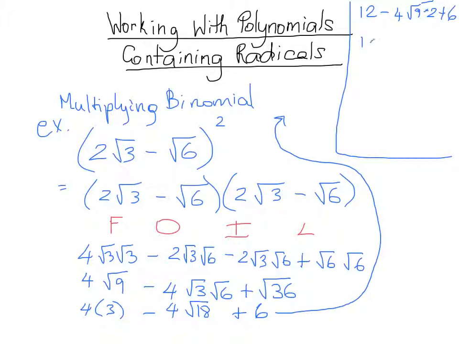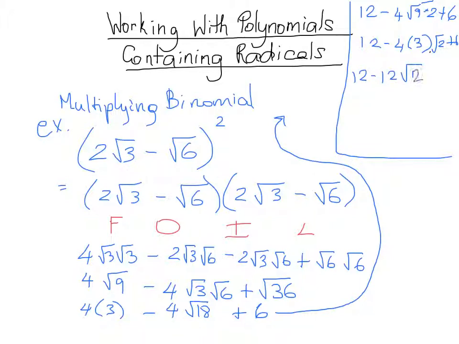Alright, so we have 12 minus 4 times 3. And I'm getting that 3 from here. Square root of 9 is 3 times root 2 plus 6. Alright, which is equal to 12 minus 12 root 2.